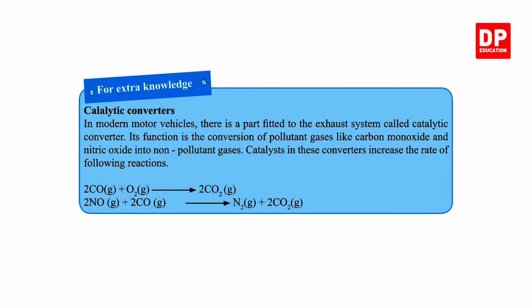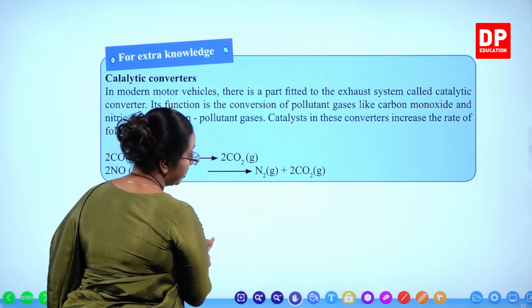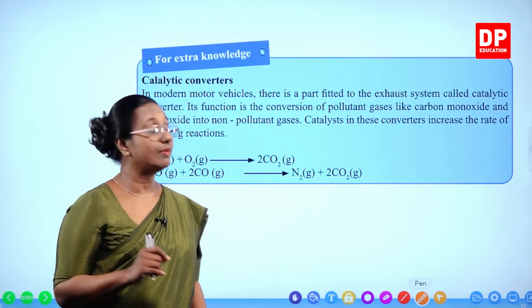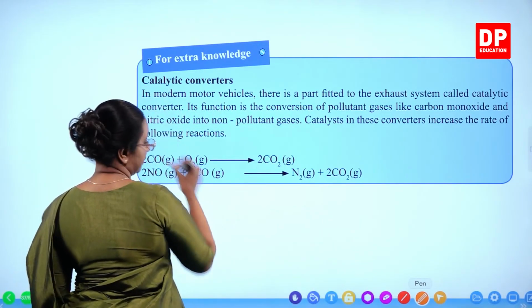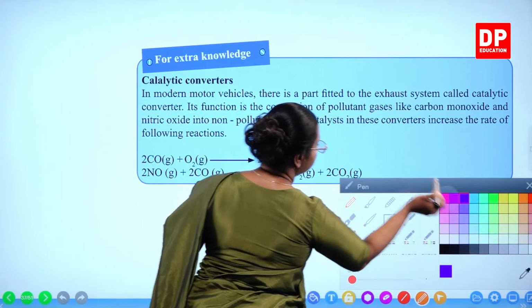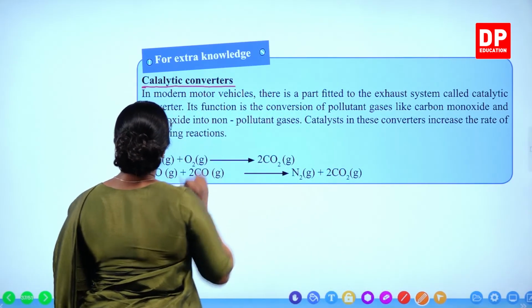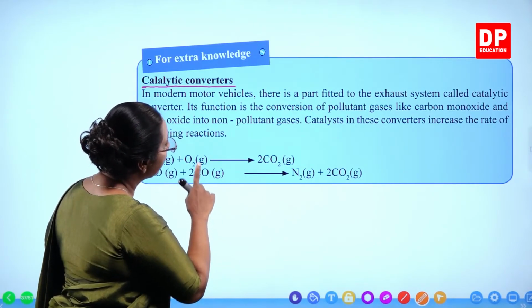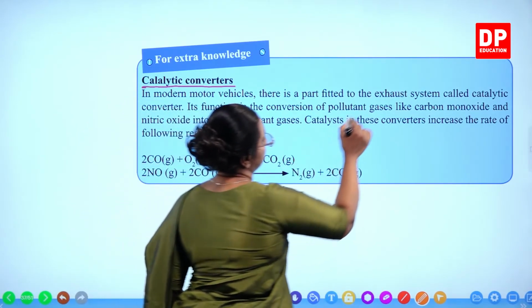That is again for extra knowledge. Catalytic converters. Now, this is something where we use catalysts in motor vehicles. In modern motor vehicles, there is a part fitted to the exhaust system.